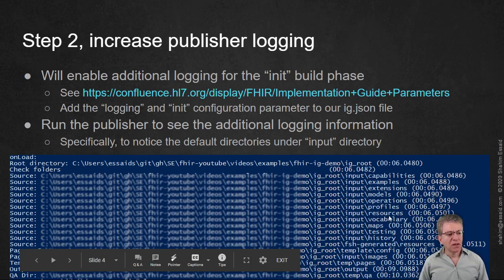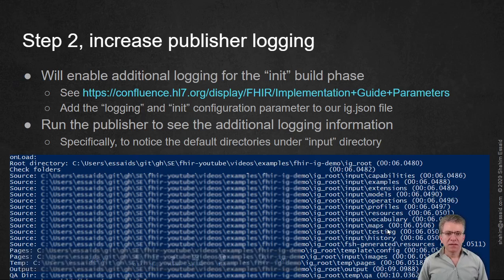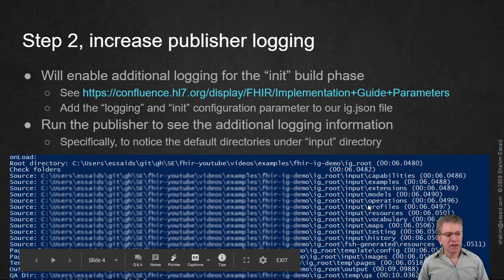In the video, I created the resources directory just so the publisher at least finds one directory out of this list that it looks through. You could put your content in these directories based on the type of content. The idea is that you put your profiles in the profiles folder, instances of FHIR resources in resources, vocabulary content in vocabulary. But I'm going to add another folder to this list just for this first observation profile example.